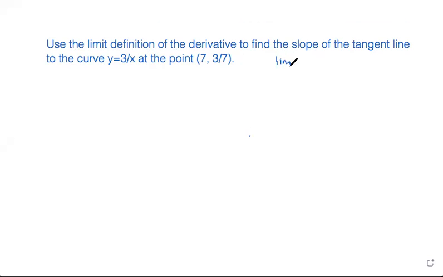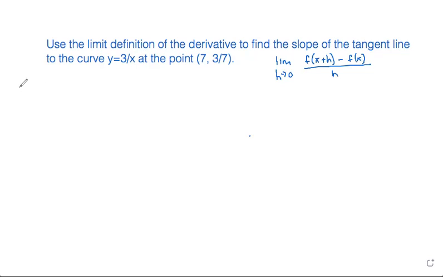So we have the limit as h approaches 0 of f of x plus h, sorry, I said that backwards, minus f of x, over h. Using this definition, we need to put the function with x plus h instead of x.